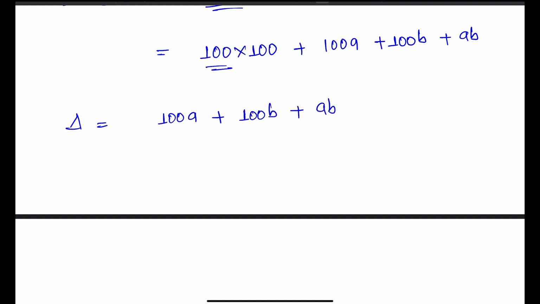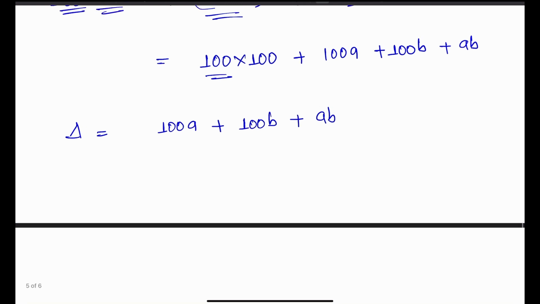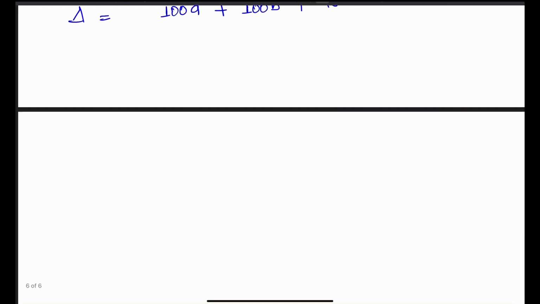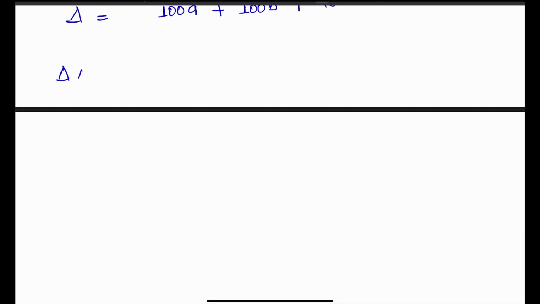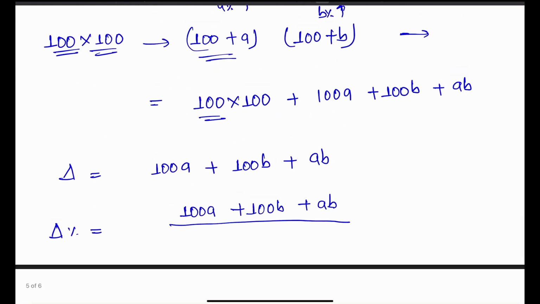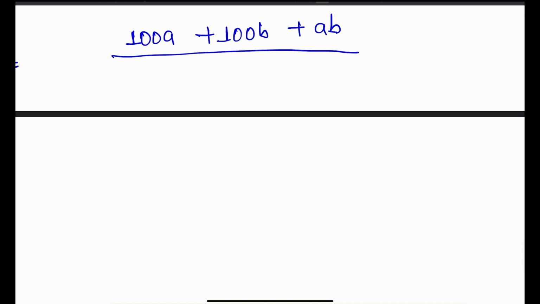So the percentage change is 100a plus 100b plus ab, and the initial was 100 into 100. We multiply with 100 to change into percentage terms.